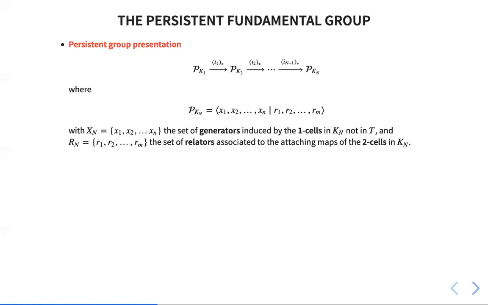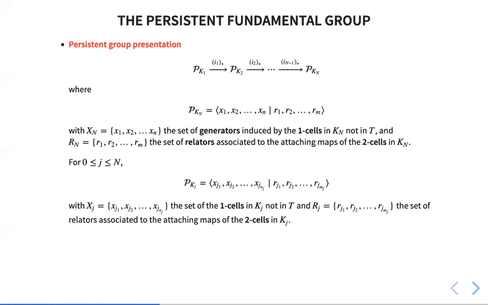So just restricting the set of one-cells and the relators associated with two-cells, you have these inclusions of relators and generators. So the morphisms are very easy to deduce.